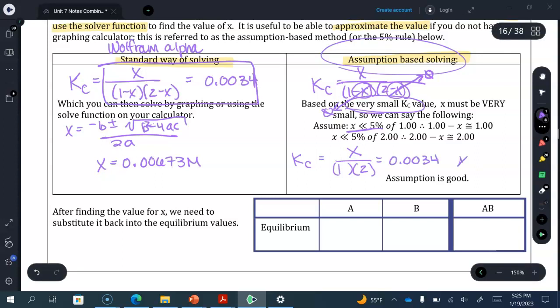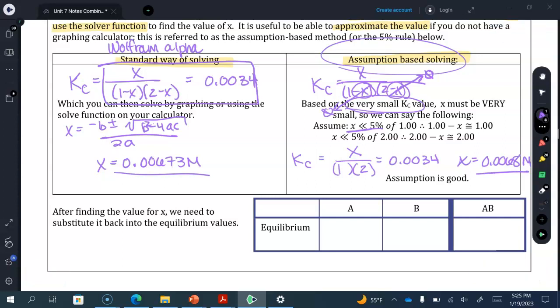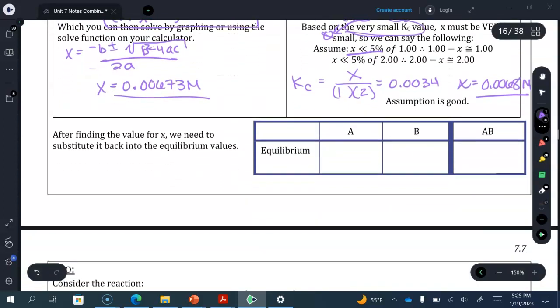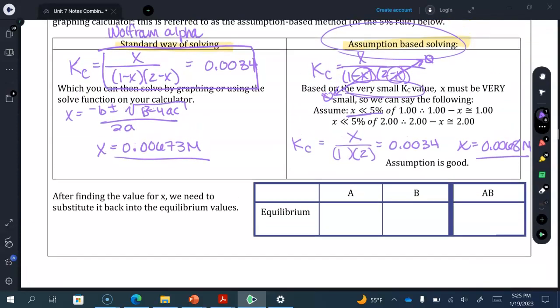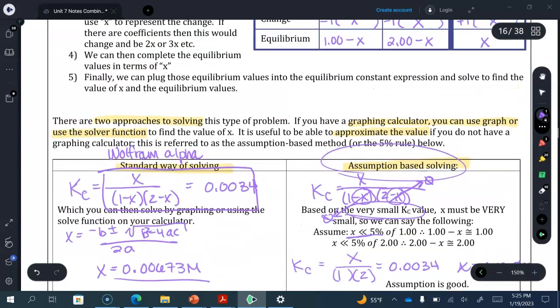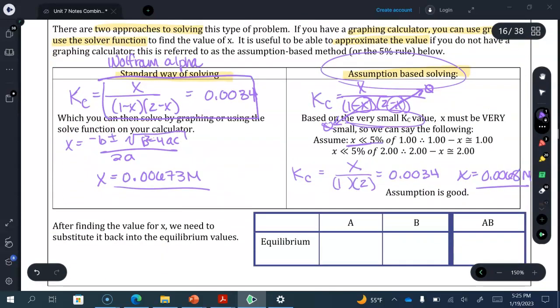When I solve for x, I end up seeing that x is equal to 0.0068 molar. And if we compare this value to the assumption value, the assumption works. It is dang near the same, so it is a good assumption. So we can use either one. I'm going to use the assumption-based value because it works and makes me happy.